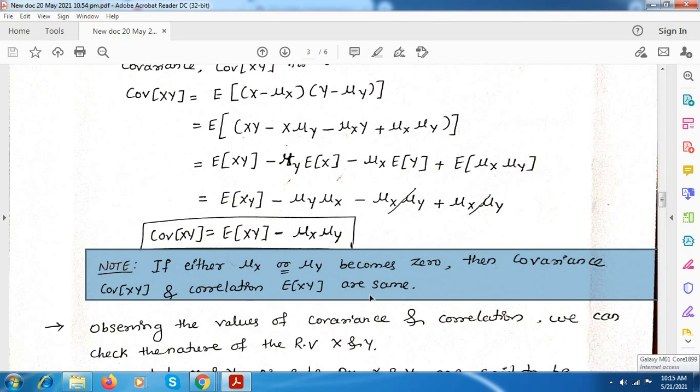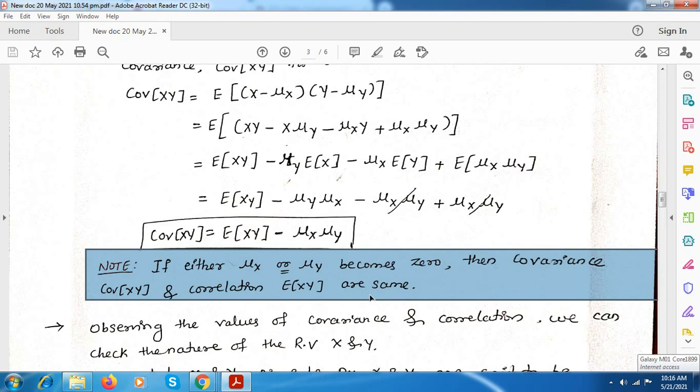So depending upon the covariance and correlation values, we can check the nature of the random variables. In communication also, depending upon the values we get for the covariance and correlation for the signals, we can see the nature of the signals.